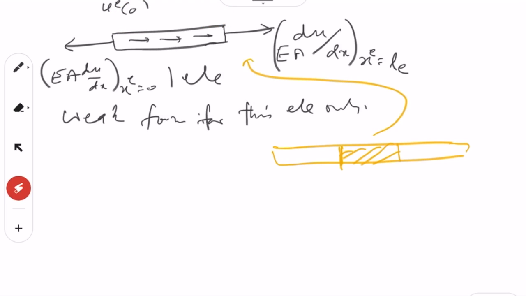So for the general purpose we can write the weak formulation, and this will be something like this: integral from 0 to L^e. Notice we have L^e here, right?